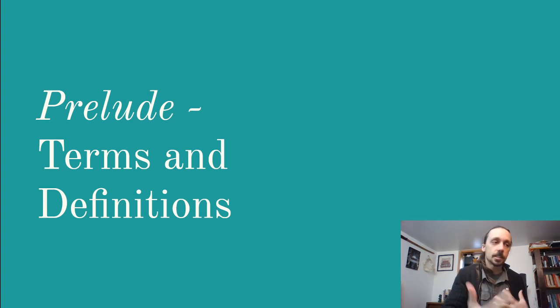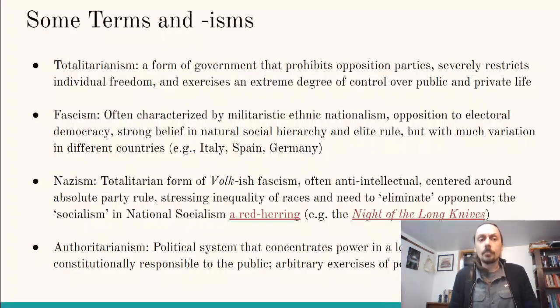So here's how I'm going to be using them. I'm not saying this is the one right way to think of these ideas, but hopefully it'll be a start. So we're going to say something like totalitarianism is a form of government that prohibits all opposition parties.